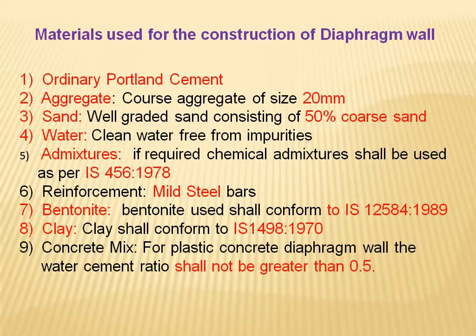Then admixtures, with reference to IS 456 1978. Then reinforcement, generally mild steel. Then bentonite is used for the flexibility part, for which we have to use IS 12584 1989.